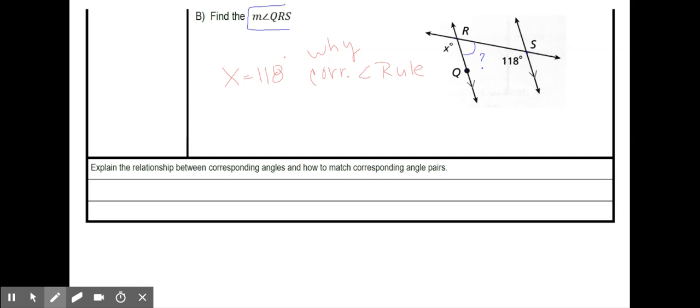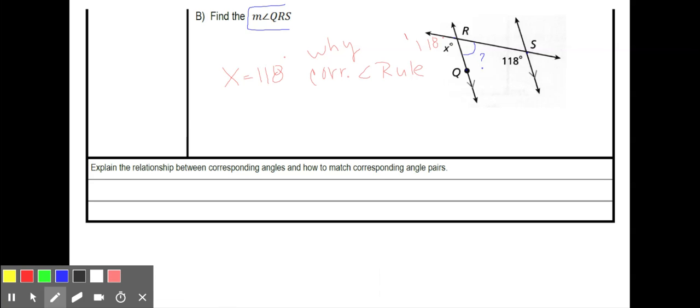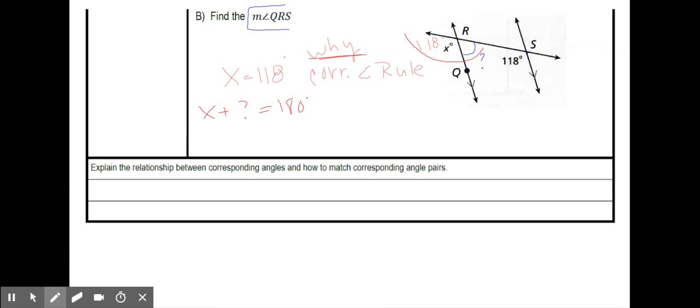All right, so if x equals 118 degrees, well, what else do I know? X and question mark are a linear pair, so x plus question mark equals 180 degrees. Why? Because they are a linear pair. Keep up with everything.